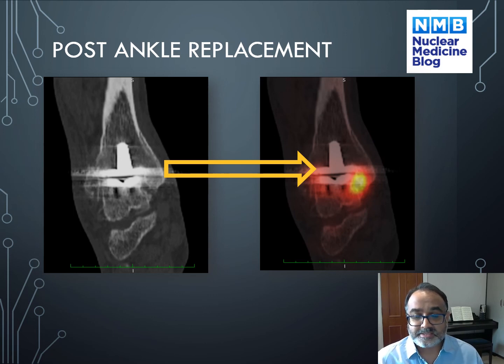And you can see that the uptake is there just on the medial aspect of the joint replacement itself. And this is because this patient has obviously had long-standing arthritis in that joint, but obviously they will have weak ligaments as well, and so they are susceptible to chronic instability regardless of the joint that's been replaced.